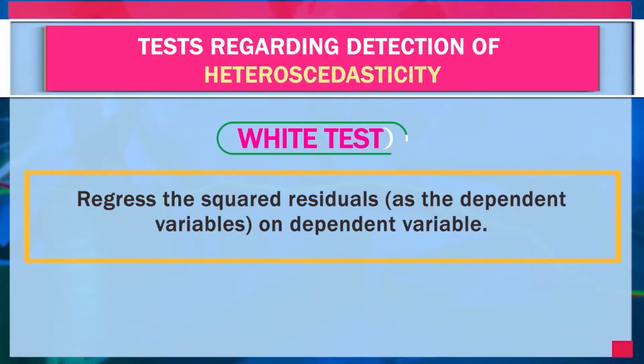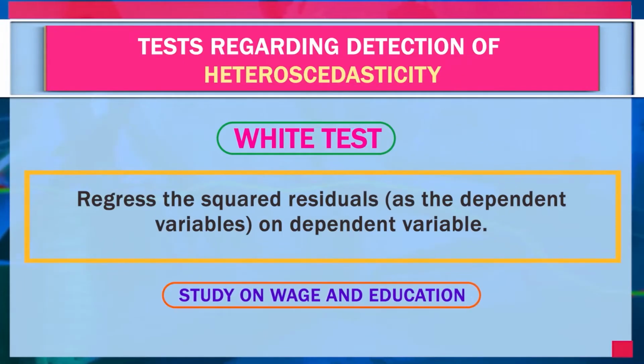Why are we saying all the possibilities? Because it looks into the independent variable not as a single variable, but there may be interaction among the independent variables. For example, there is a study on wage and education. So the wage of an individual is dependent upon the education of the individual, but the education of the individual is one of the independent variables.